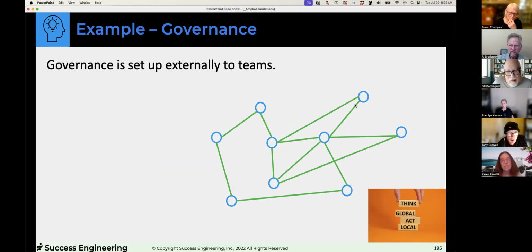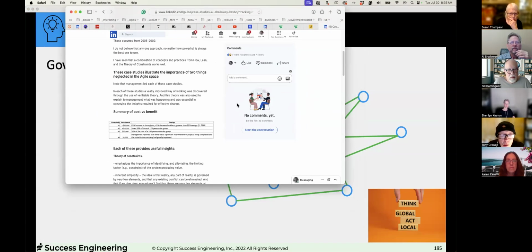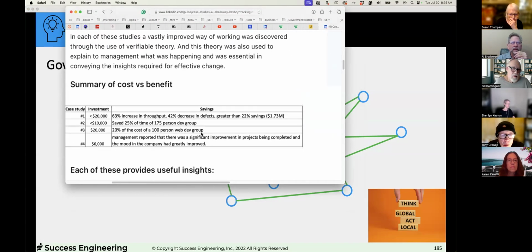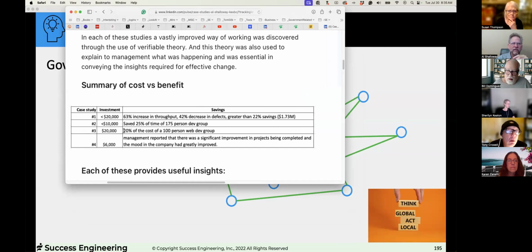I have a set of case studies. I'll put in when I put the talk up, I'll put a note to look. These case studies had dramatic improvement. In fact, I'll see if I can pull up the slide that I've got with it. I'll pull this up right here. These are pretty dramatic improvements in these 4 case studies.